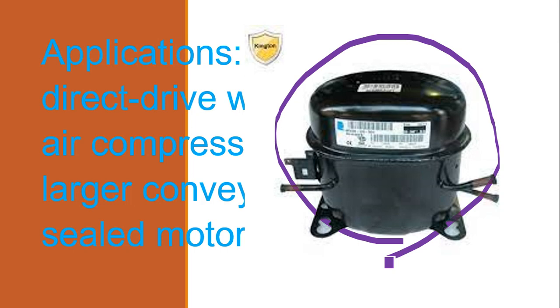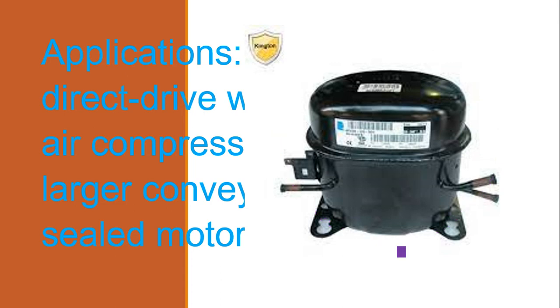Again, this is a compressor. It is not compressing air. Refrigerant will be there. That refrigerant is being compressed and sent to the various parts of the refrigerator. That is done by the compressor. So the compressor here is a sealed compressor. Why is it sealed? You can see it is totally sealed. Normal motors have fins and all. Here it is totally sealed because they work in an air conditioner or refrigerator where moisture is already available.